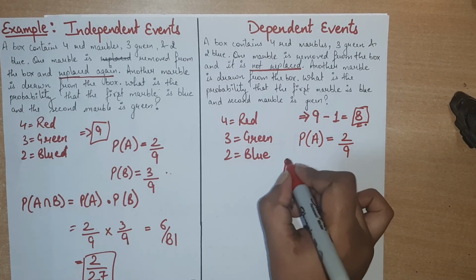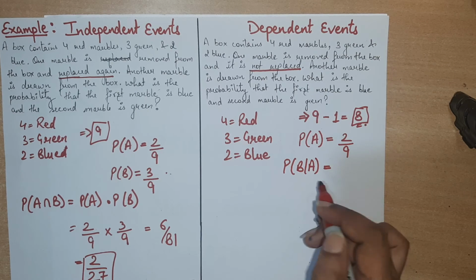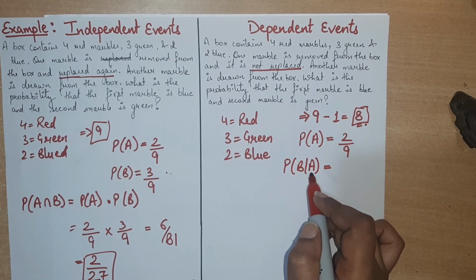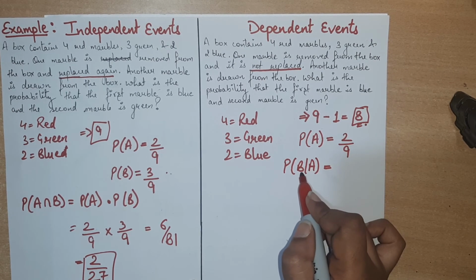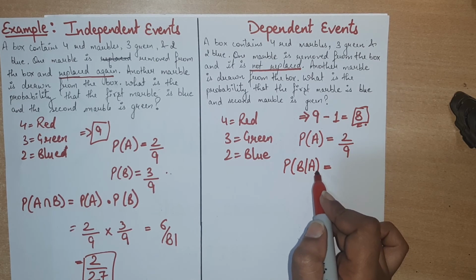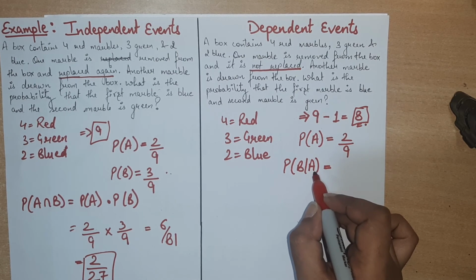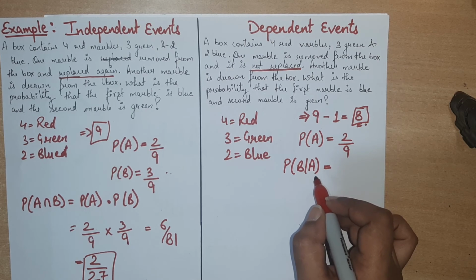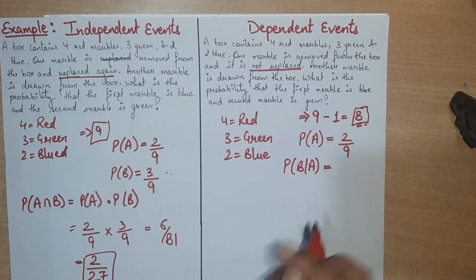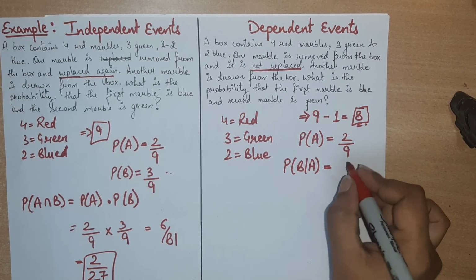But for the probability of B given A, we will use this because the probability of B depends on event A, which has already happened, and the marble which was removed was not replaced again. So now the total number of marbles we have in the box is 8.